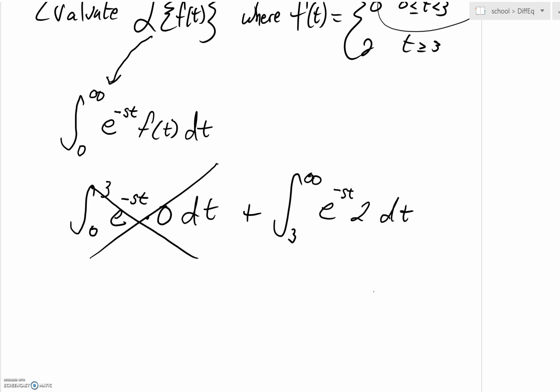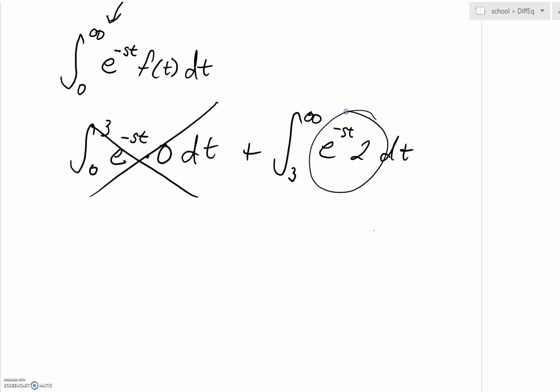And as we're working this out, let's do a real quick antiderivative. We know we have a 2. We'll have an e to the negative st, but we have to reverse the chain rule. So we're going to have to divide by negative s, right? Yes.